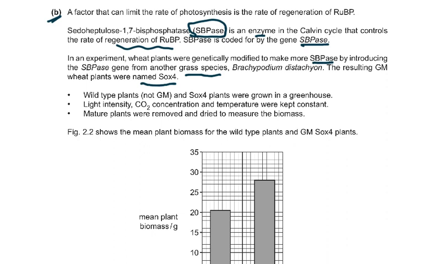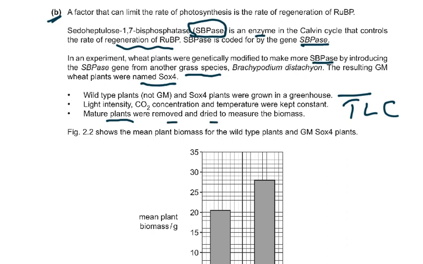Wild type, not GM, and SOX4 plants were grown in a greenhouse. So both were grown, the ones which are genetically changed and the wild type ones. Light intensity, temperature, and carbon dioxide concentration were kept constant.